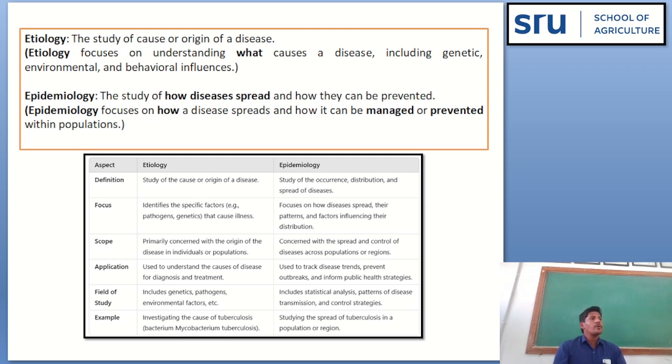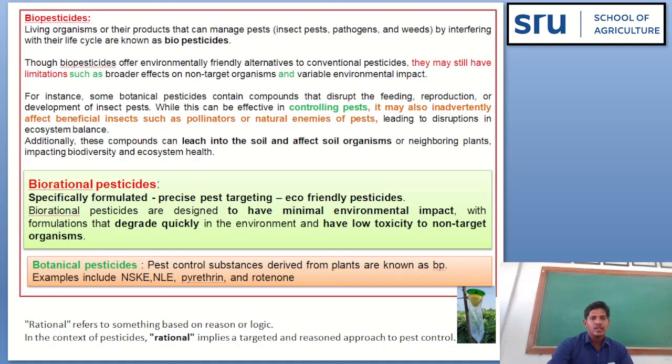Then what is epidemiology? The study of how the disease is spreading and how it can be prevented is epidemiology. Then what is a biopesticide? Living organisms or their products used for the management of pests are biopesticides.